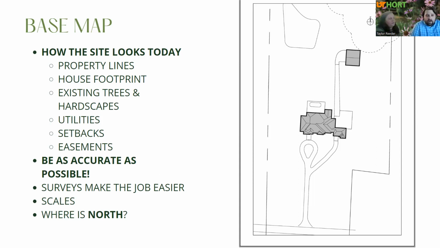Another important part to put on there is utilities, because that affects a lot of our landscape, what we can put in utility easements or drainage easements, or maybe what we put in our front setback. Those are all important things to have on this base map.